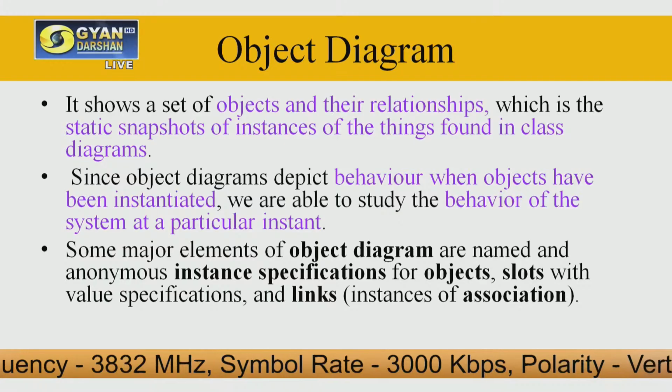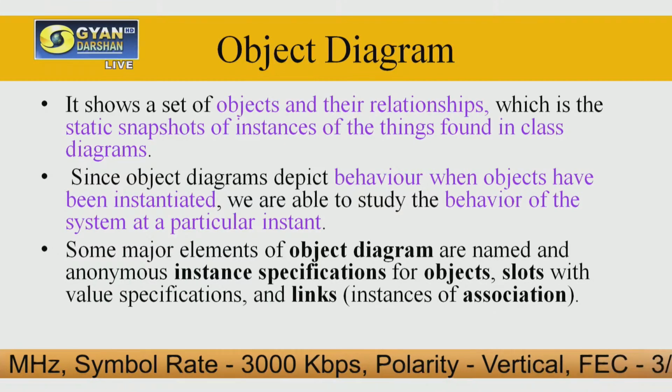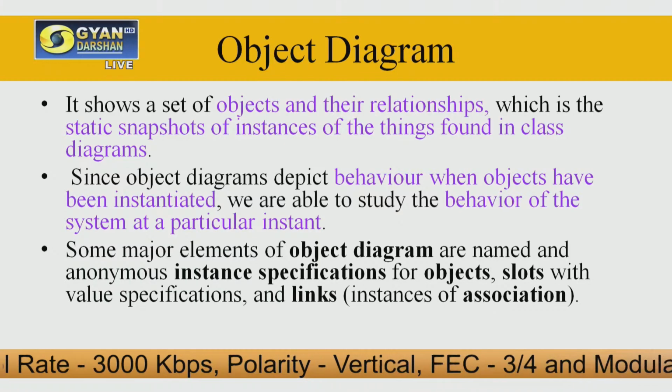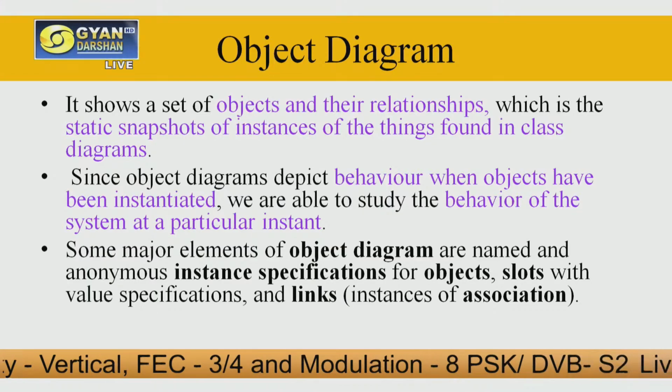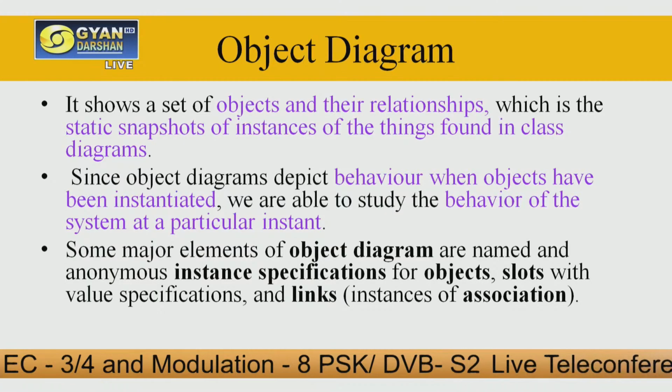So an object diagram is nothing but one instance of a class diagram. One instance means at a particular moment, whatsoever different objects available in that particular system are having their state. State means certain values and certain operations. Whatever attribute values they are having, that defines the state of the object.